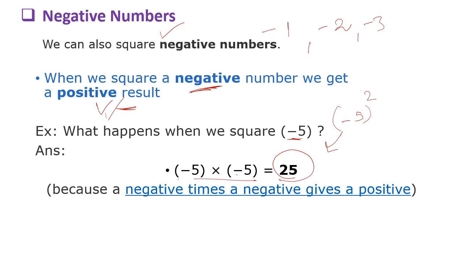For example, the square of 3 and minus 3 is 9 for both numbers. The square of minus 7 and 7 is 49 only. For negative numbers also, the square is always positive. Remember this.